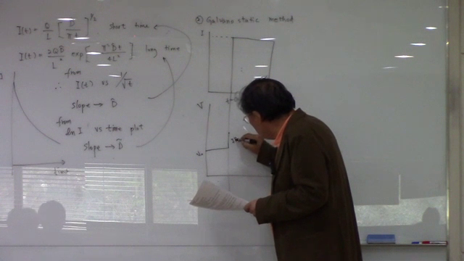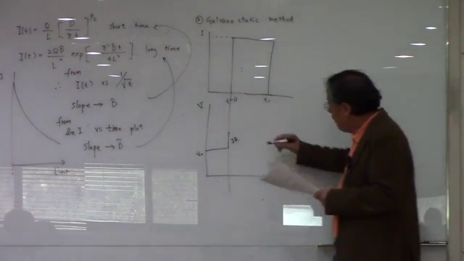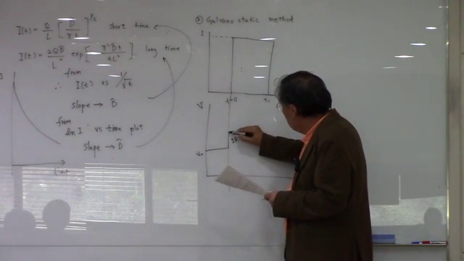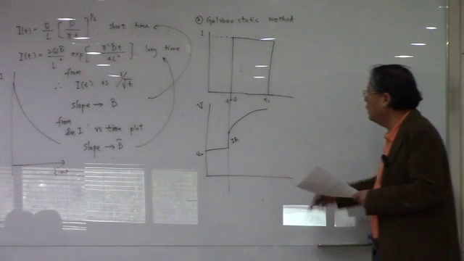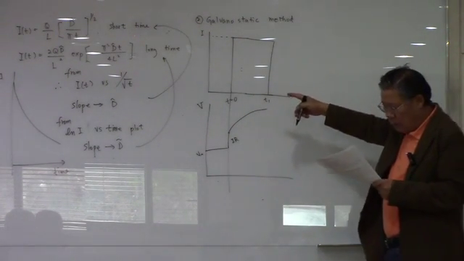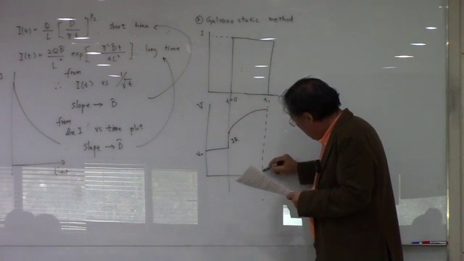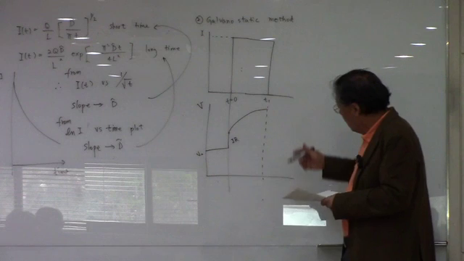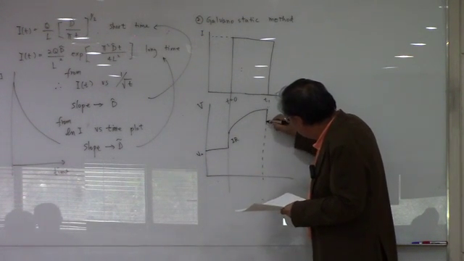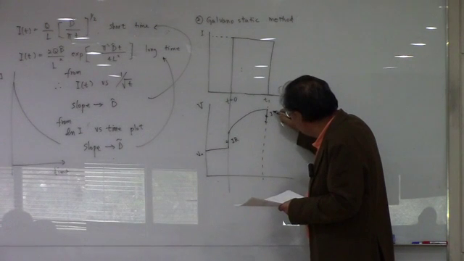This is a voltage related to the IR drop, okay? And then the voltage is going to change because of the current that you apply. And at the time you cut off the current, this IR is going to be restored, the same amount here, the IR drop.